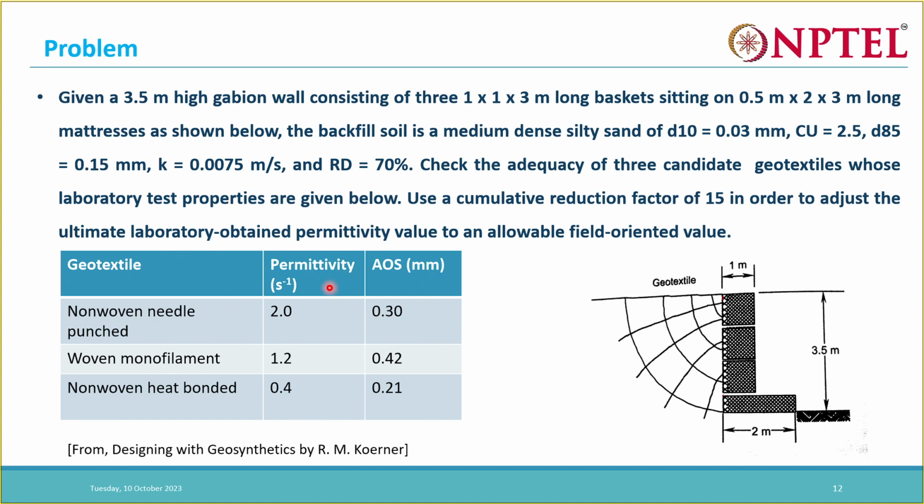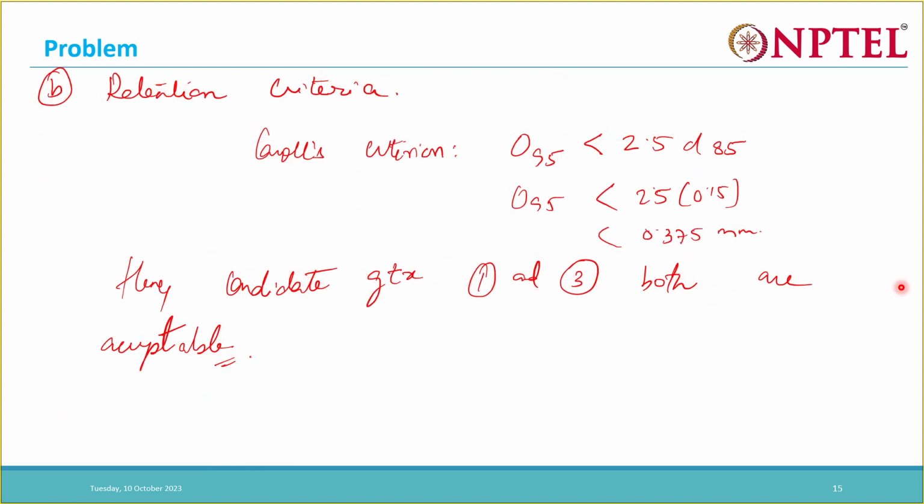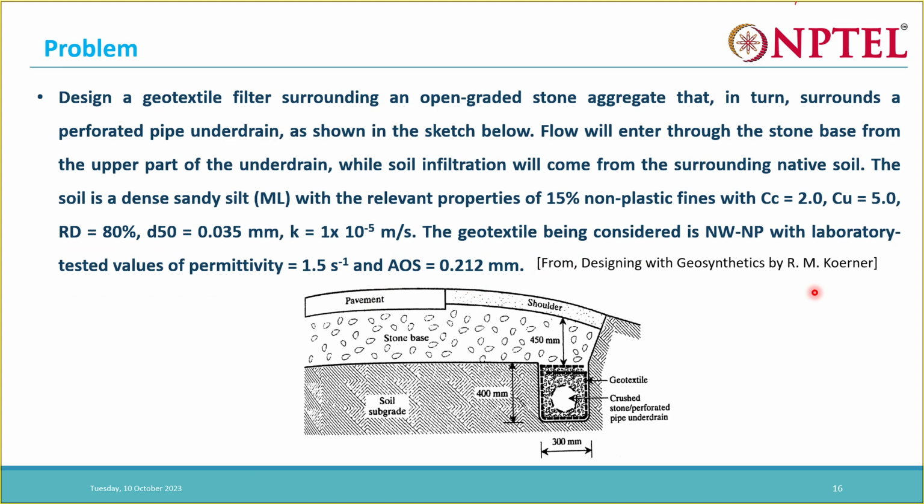We see that the non-woven needle punched and the non-woven heat bonded satisfy our criteria. So geotextiles 1 and 3 are both accepted.